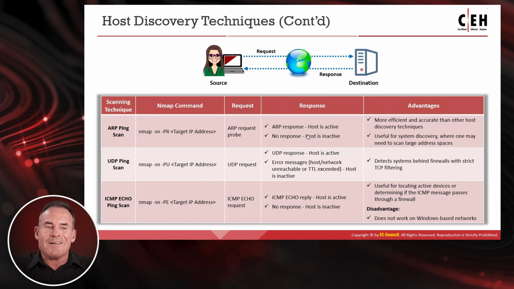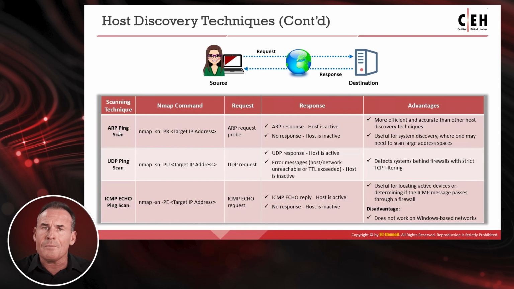You will typically not disable Address Resolution Protocol, meaning you will respond to ARP requests unless you're using static configurations in your network, which is a whole lot of administrative nightmare, so it typically doesn't happen. Everything else has the potential to be firewalled or restricted. ARP does require that you're on the same subnet as the host that you're scanning. Otherwise, you can't get to them.